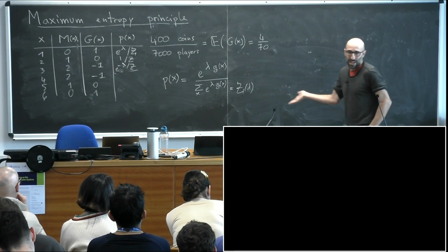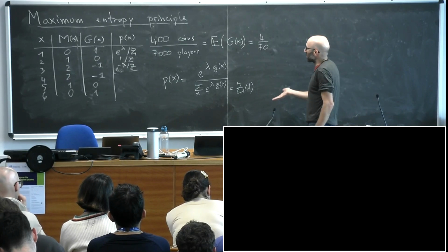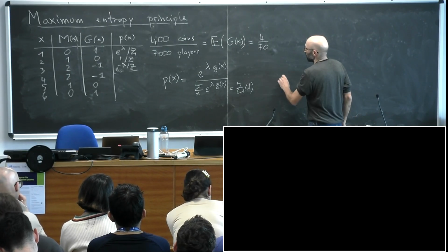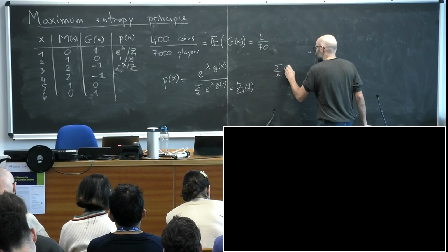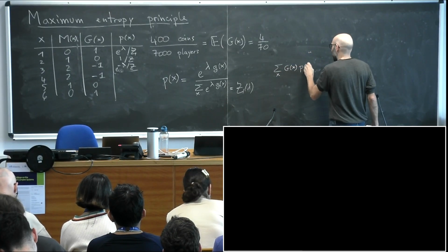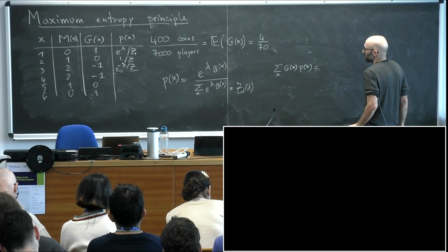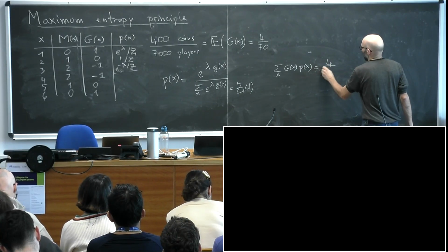And I have to fix lambda. So in order to fix lambda, you have to impose that the sum over x of g of x, p of x is equal to 4/70.